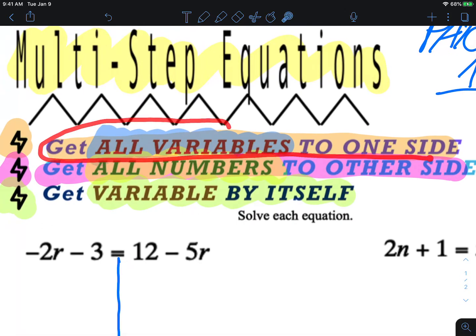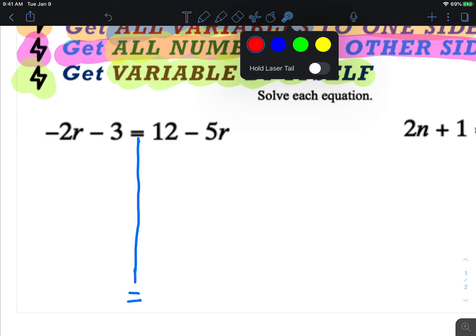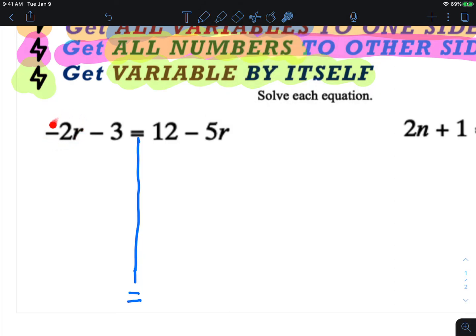So I'm going to bring this minus 2R over to this side so it can be together with this minus 5R. Or I have the choice of bringing this minus 5R over to be with this minus 2R. It really doesn't matter which choice you make.